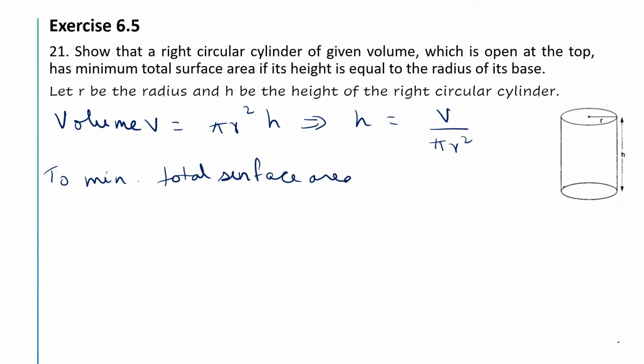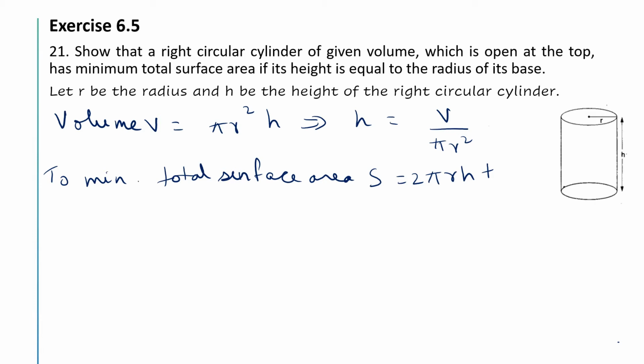So to minimize total surface area, S is equal to, so here the curved surface area of the cylinder is 2 pi R H, and since it is open at the top, we will not have this area, we will have only the area of this base.